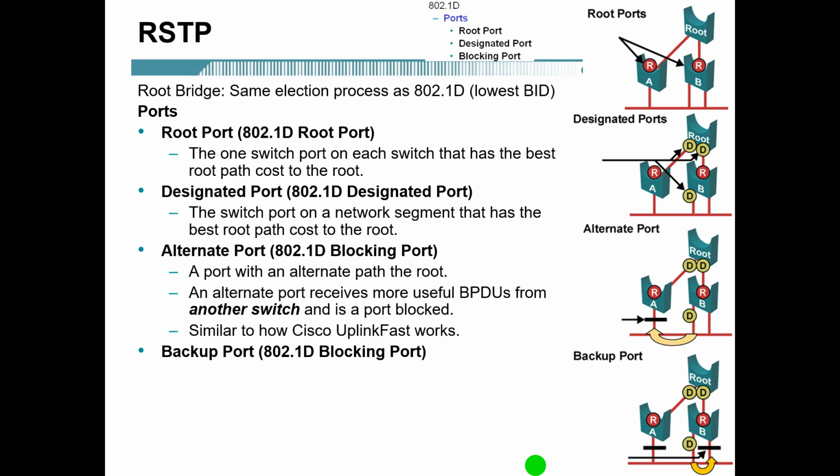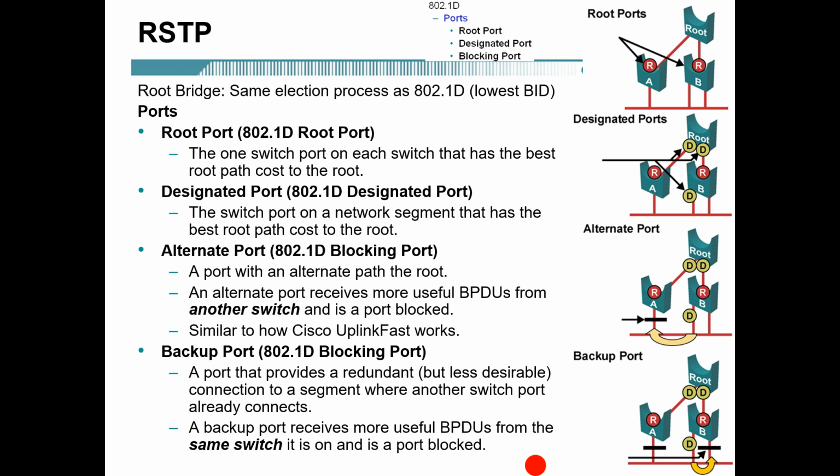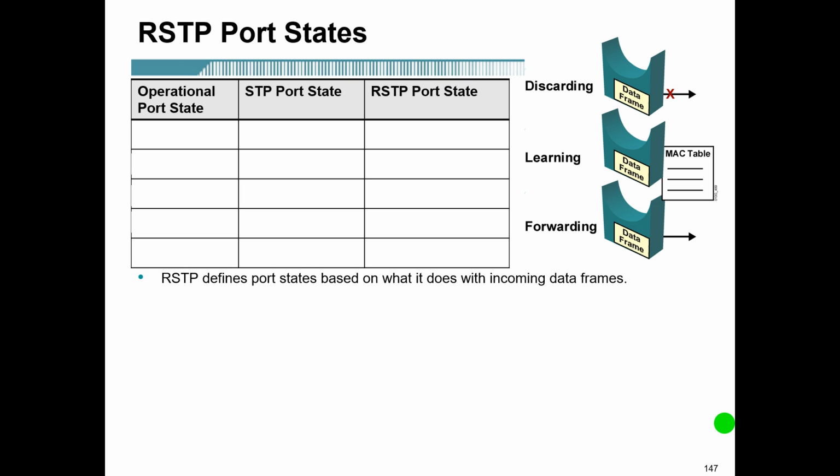They also have a backup port, which is also blocking, and a port that provides a redundant but less desirable connection link. A backup port receives more useful BPDUs from the same switch it's on, and again is in a port blocking state.